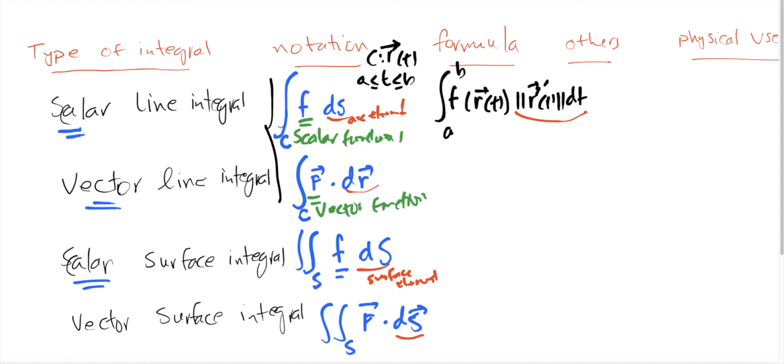Now, what do I do with the vector line integral? Again, the parameterization is the same, except that we don't have the scalar valued function, we have the vector valued function.